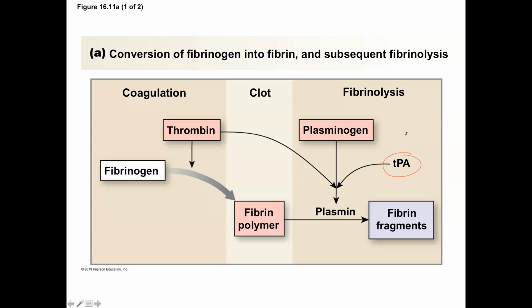So activation of kallikrein and activation of tissue plasminogen activator are the two main mechanisms for producing plasmin so that you can break down that fibrin mesh. If you were to stop coagulation, then we would be talking about anticoagulants.